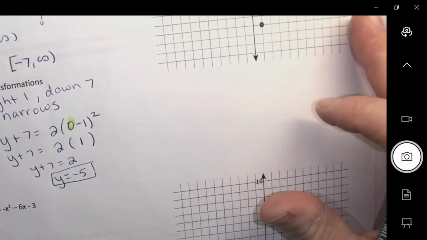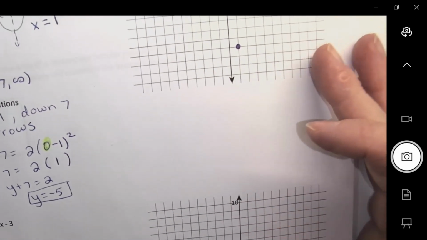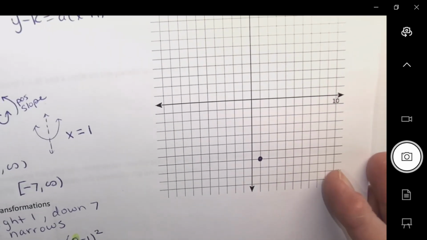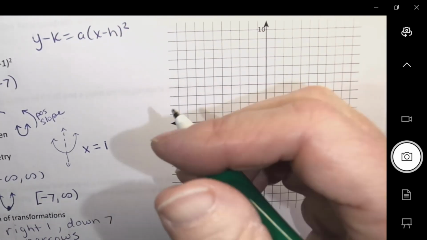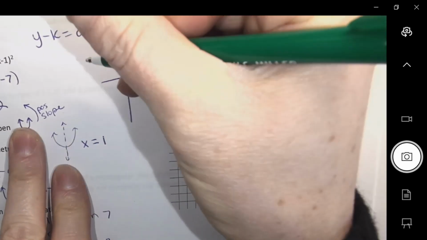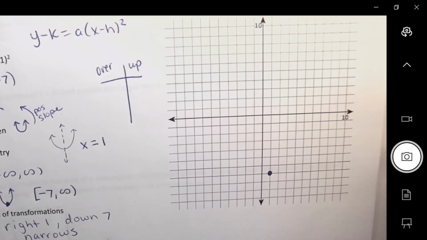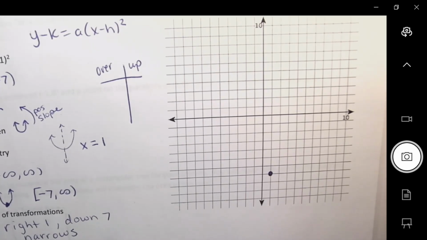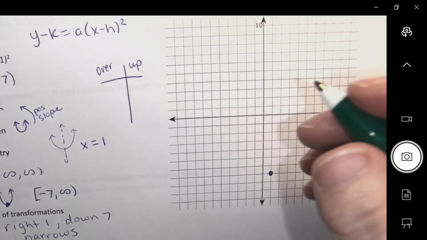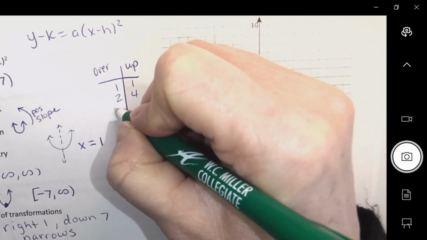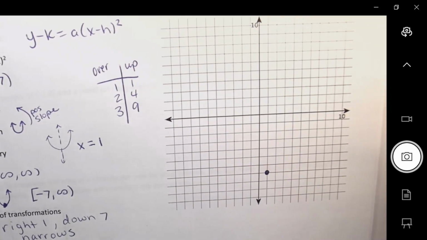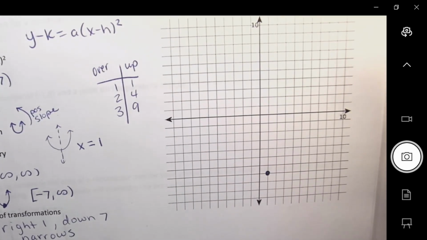Okay, the last thing we need is to graph this. I had a slope of 2, so what I'm going to do is what I call an over-up chart. Does anybody know the over-up chart of the original? 1, 1, 2, 4, 3, 9. You're squaring the x values, so if x was 3, you would have an up of 9.